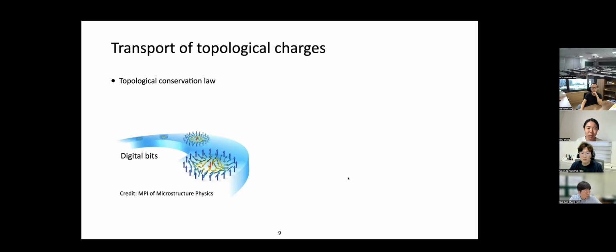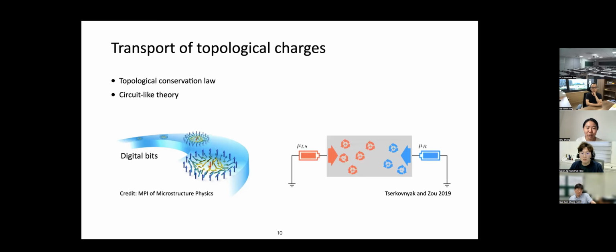So it was proposed that they can be used as database in the future, like the racetrack memory shown by our last speaker. Moreover, if there is a way to bias the injection and ejection at the boundaries, we can build a circuit-like theory with chemical potentials at the boundaries and maybe some resistance in the bulk.